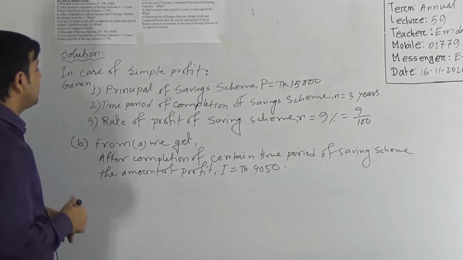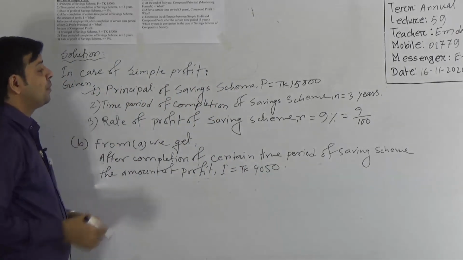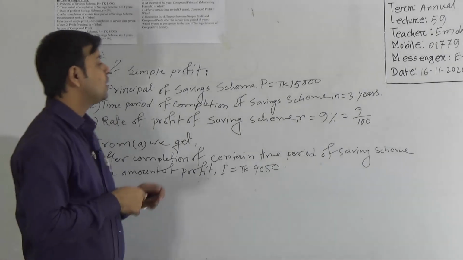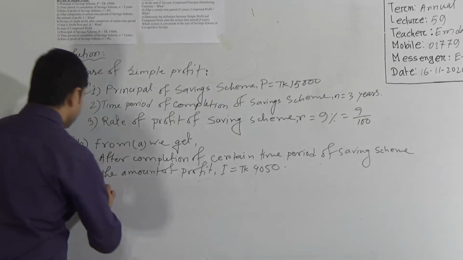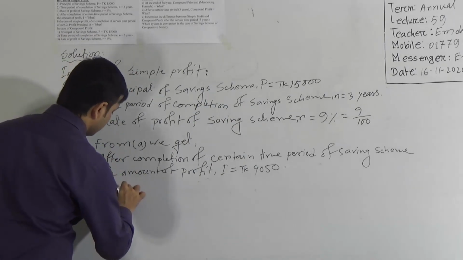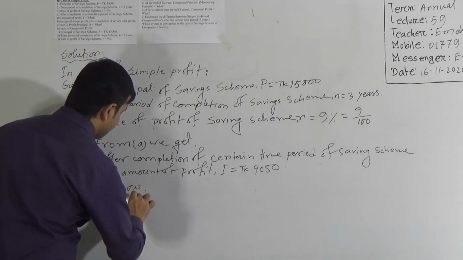Here the principal is also given. Principal is P equal to taka 15,000. So we can write here, we know profit principal.